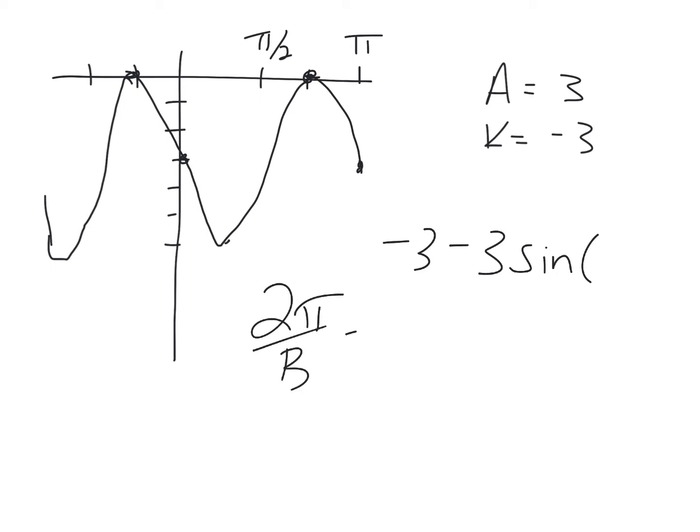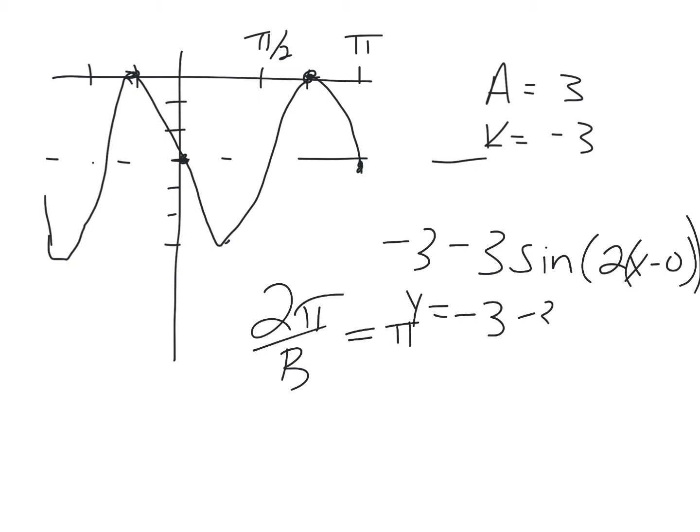What is your period? It's pi. So once again, your b is 2. We don't shift anywhere because you start right in the center here, right? Right in that center of your graph, right? So your h value is going to be 0. Distribute, you're going to get a final answer of y equals -3 minus 3 sine of 2x.